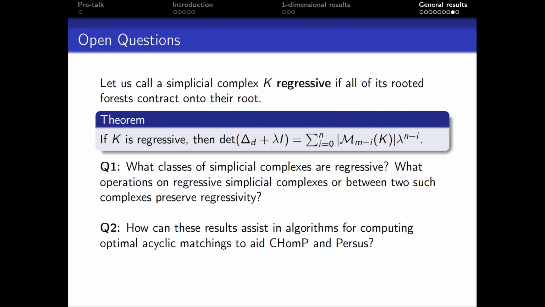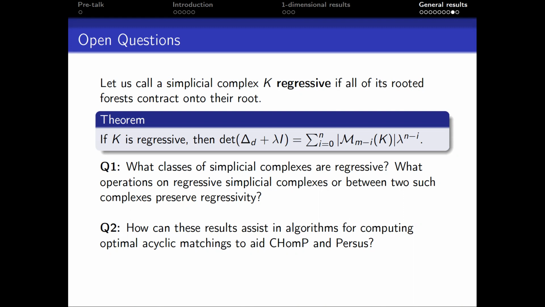Or can we help make faster computations for acyclic matchings, which is NP-hard? Sorry, what's chunk? I think these are just abbreviations of algorithms to compute acyclic matchings. The persons group has a better idea.